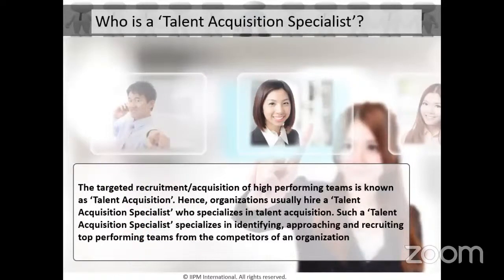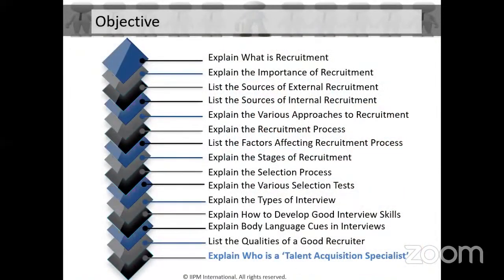Now, the last topic for today is, who is a talent acquisition specialist? Don't forget that this module is on talent acquisition, all right? And from this module, we've taken you around from the point of organizational planning. We took you to human resource / manpower planning. We took you to recruitment and selection.